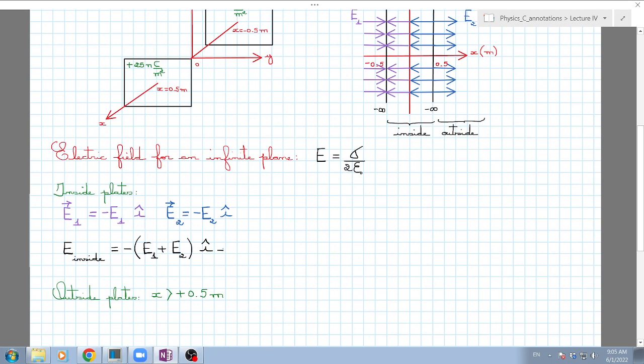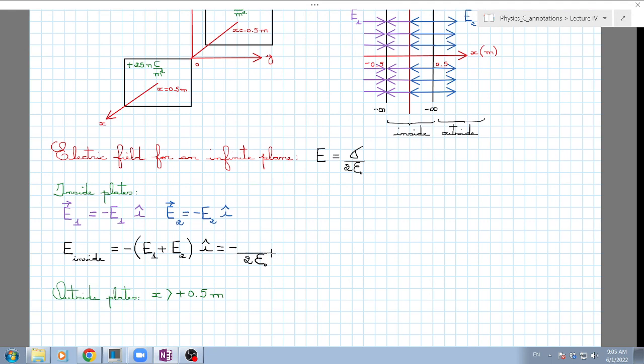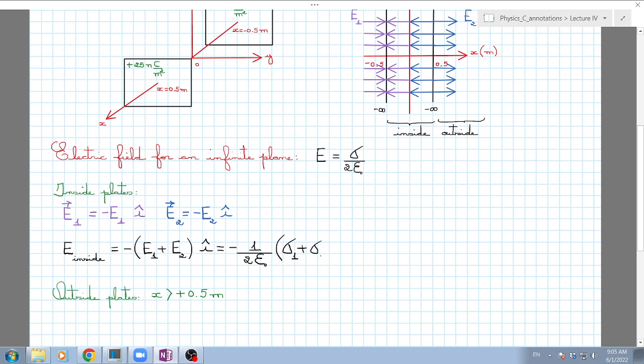It's going to give me epsilon 0, the surface charge density. Just let me check if I didn't make any mistake. Okay, okay.